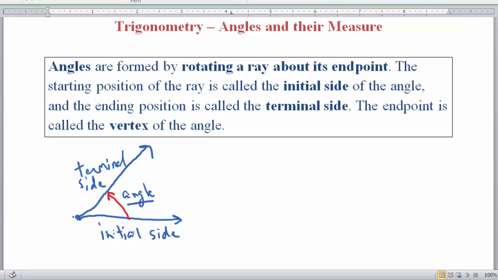And the end point of the ray is known as the vertex of the angle, right? So we've got the vertex, which is the end point of the ray, the initial side, which is where it starts from, and the terminal side, which is where it ends up. Okay? So that's a basic angle.